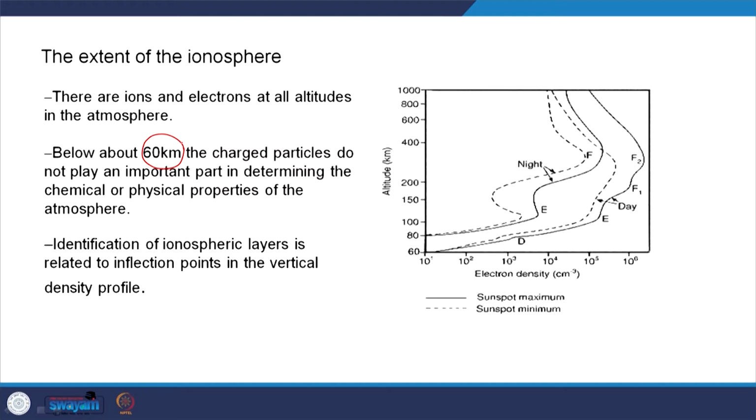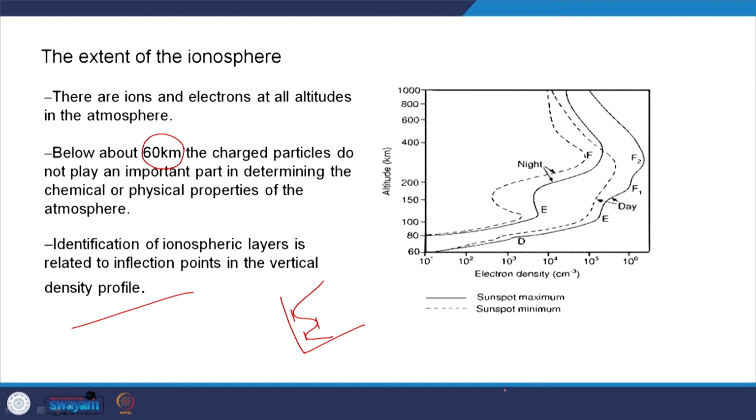Identification of ionospheric layers is related to the inflection points in the vertical density profile. So this is the density. Just like we have seen in the Earth's atmosphere, the thermal structure had turning points, where the temperature structure changed its path and was behaving in a different way, right?